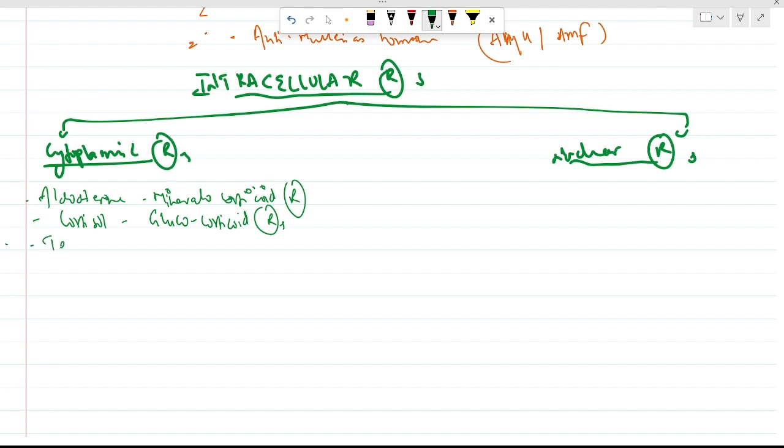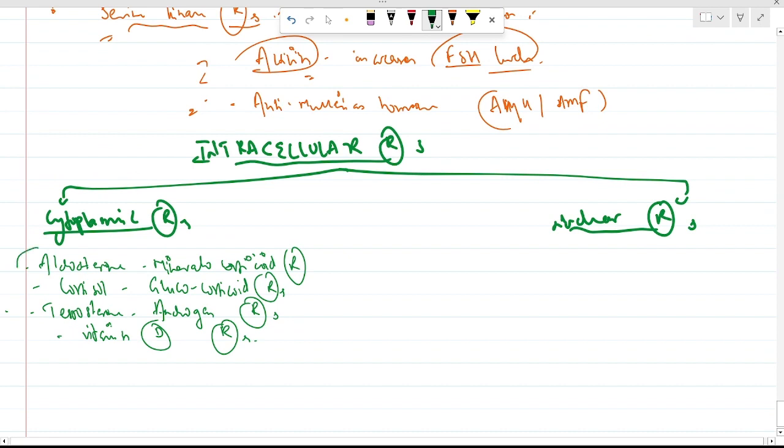Third hormone is testosterone, an androgen, so it acts through androgen receptors. Fourth one is vitamin D, which acts through the vitamin D receptors. From all this, we have seen that the steroid hormones and vitamin D, which cross the cell membrane easily, utilize cytoplasmic receptors: aldosterone, cortisol, testosterone, and vitamin D through their respective receptors.